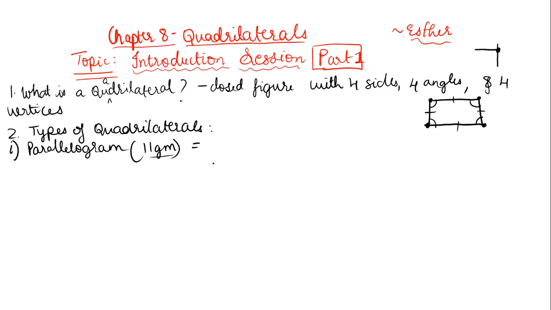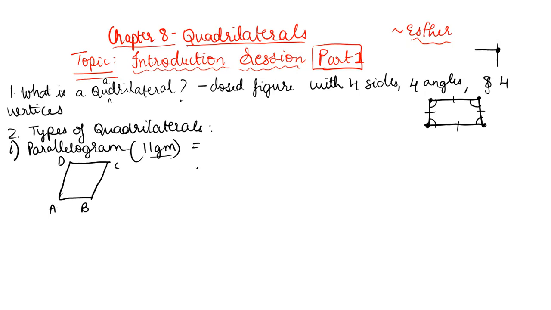So what is a parallelogram? A parallelogram is somewhat like this. Let's say this is A, B, C, and D.